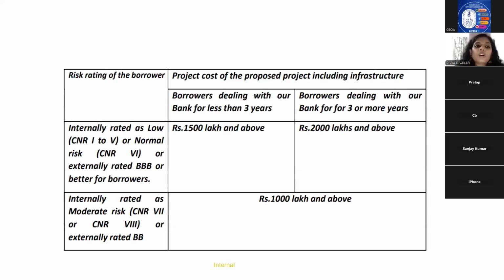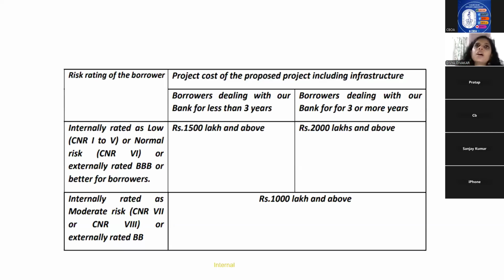In case of existing borrowers, if they are dealing with us for less than 3 years, and if they are internally rated as low and normal, or externally rated triple B or better, it means beyond 15 crore.